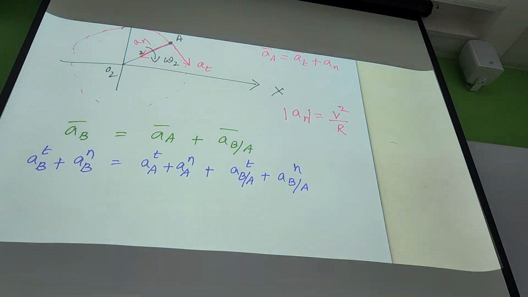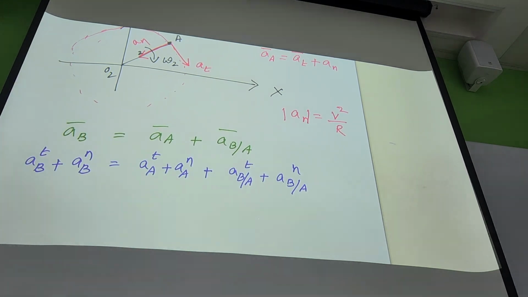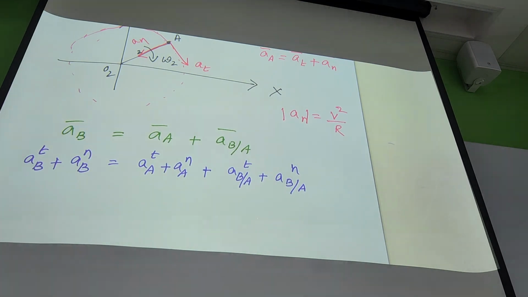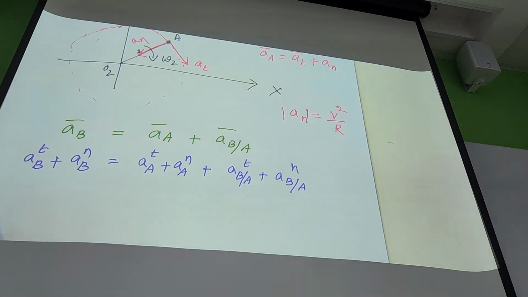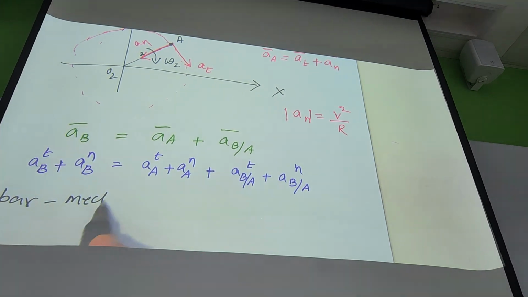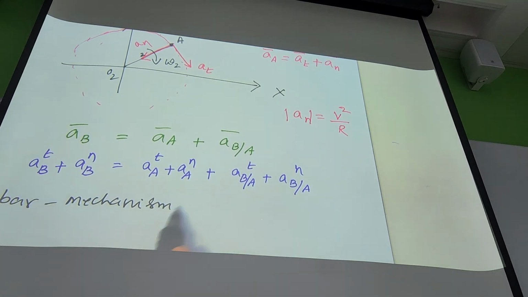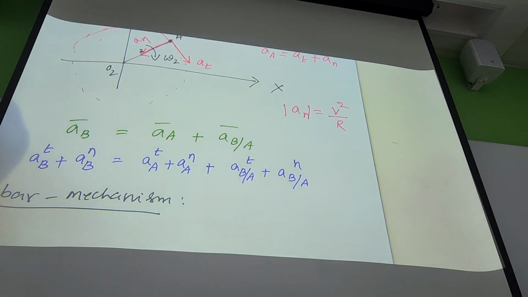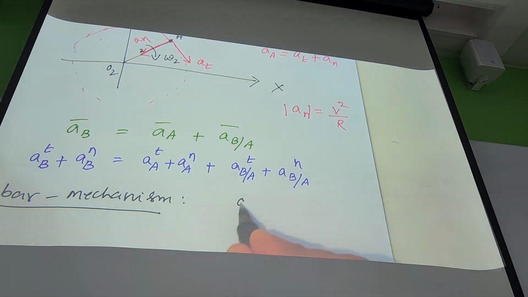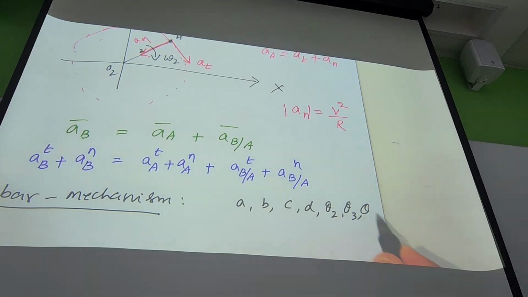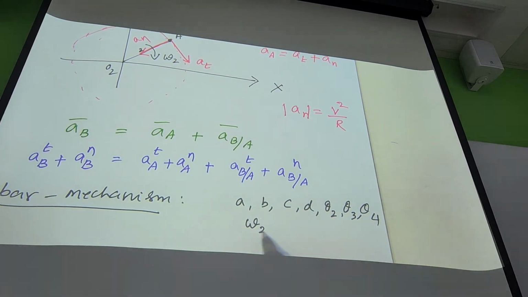Now, for acceleration analysis of a 4-bar linkage mechanism, by the time we start, we know the lengths of the four links, A, B, C, D. We know theta 2, theta 3, theta 4, and omega 2.